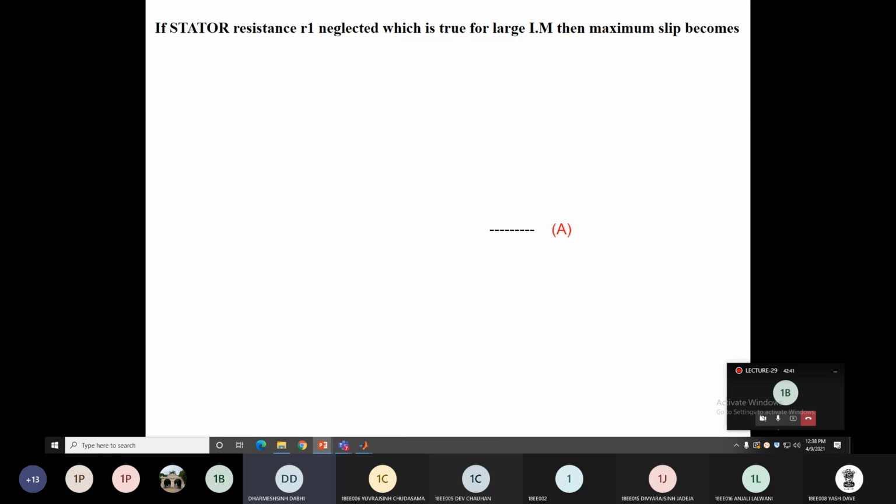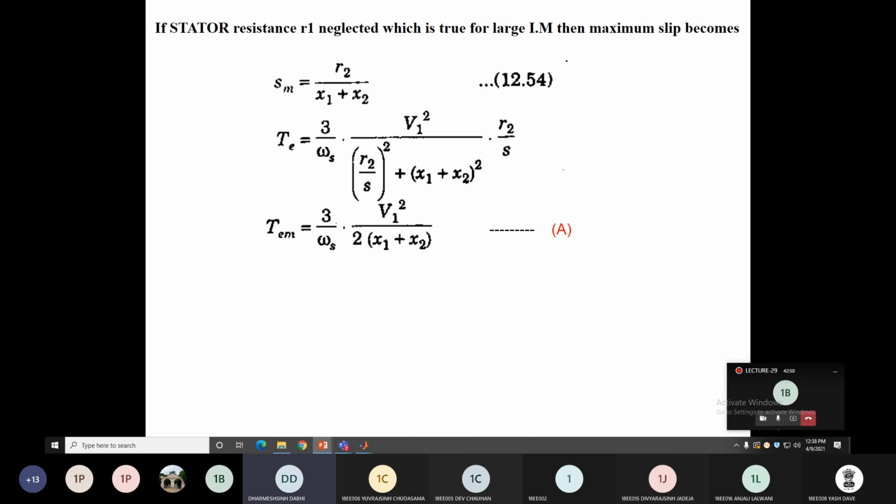Now let's again analyze this circuit and find the equation of the motor's torque. If the stator resistance R1 is neglected because its value is very small, we get the maximum torque slip as R2 divided by (x1 plus x2).